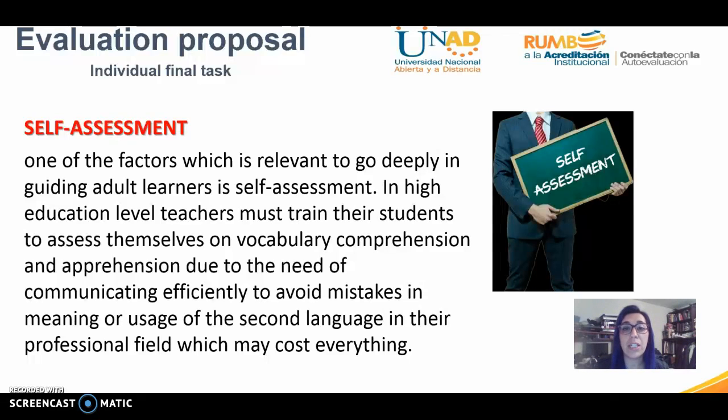But for adult learners, it is a really necessary tool which helps them to comprehend and to improve the abilities they have and need to reach the necessary level for their professional competence. So self-assessment tries to help learners to avoid mistakes, to be aware of them, to improve them, and also to correct themselves if it is necessary.